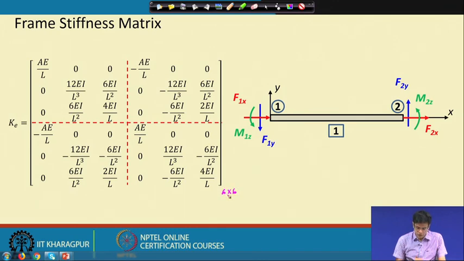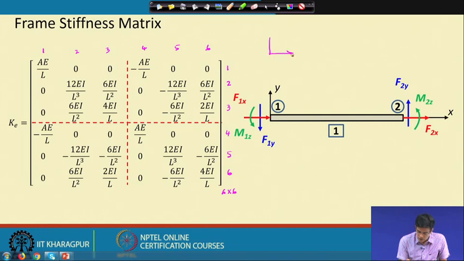It is 6 cross 6, and we know the corresponding degrees of freedom. That is the first degree of freedom, second, third, fourth, fifth and sixth, and accordingly the columns are also 1, 2, 3, 4, 5 and 6. The degrees of freedom are like this.